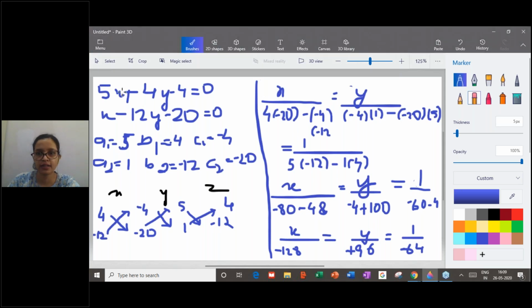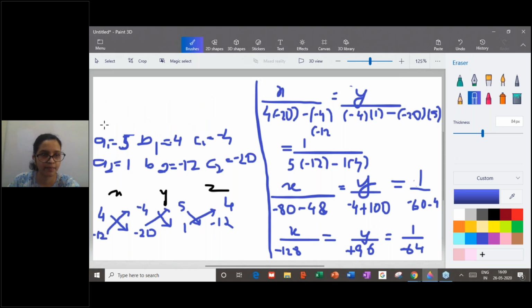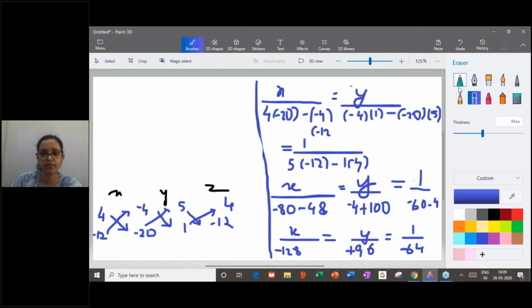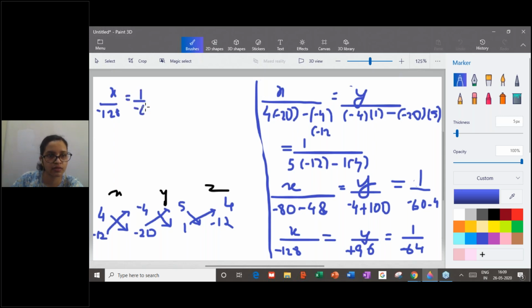Is it okay till here? I'm just going to erase this part. Okay, so it will become x by minus 128 is equal to 1 by minus 64. Correct?